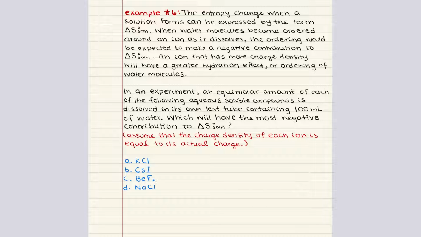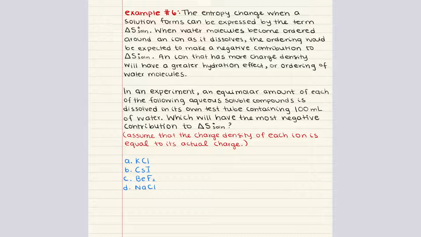In an experiment, an equal molar amount of each of the following soluble compounds is dissolved in its own test tube containing 100 milliliters of water. Which will have the most negative contribution to delta S of solution? Assume that the charge density of each ion is equal to its actual charge. Answer choice A is potassium chloride, B is cesium iodide, C is beryllium fluoride, and D is sodium chloride.